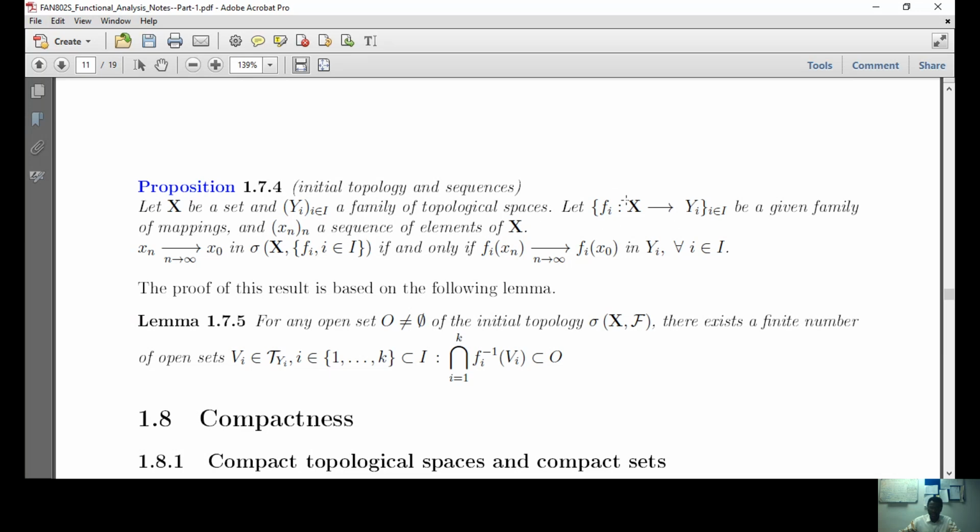Now we have another family of mappings, f sub i defined from X to Y sub i. And now we have a sequence of elements x sub n of X.